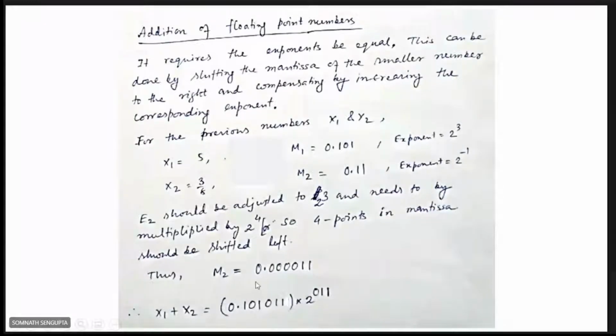So if you then add these two, it will become 0.101011 into 2 to the power 011, which represents plus 3. Okay, 2 to the power plus 3. I hope it is clear. Yes, sir. Okay. Then some analysis.